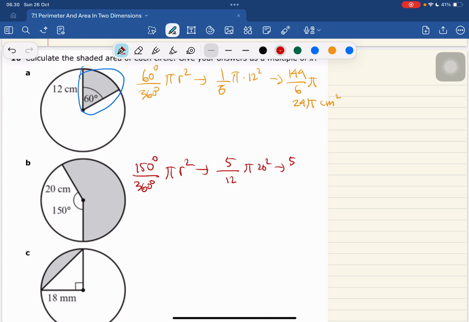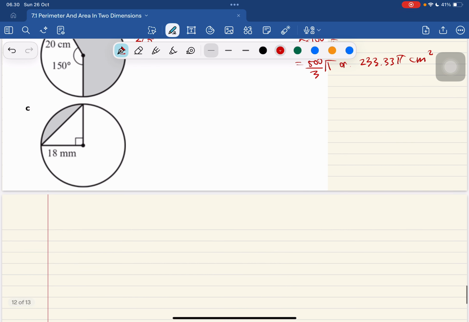So 5 times 400 over 12 pi. Okay, so 5 times 400, so we could simply divide. This is 5 times 100 over 3 pi. So this is going to be 500 over 3 pi, or we can write it as 233.33 pi centimeter squared.